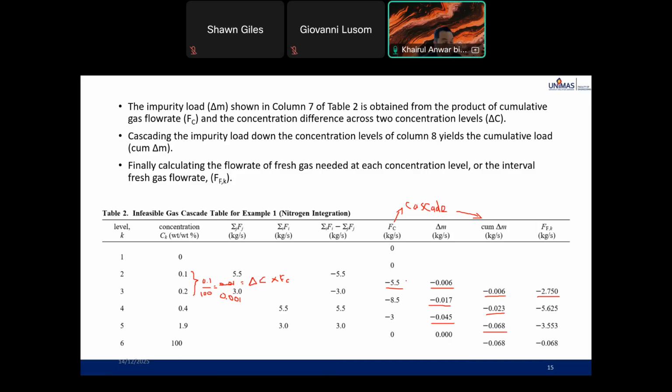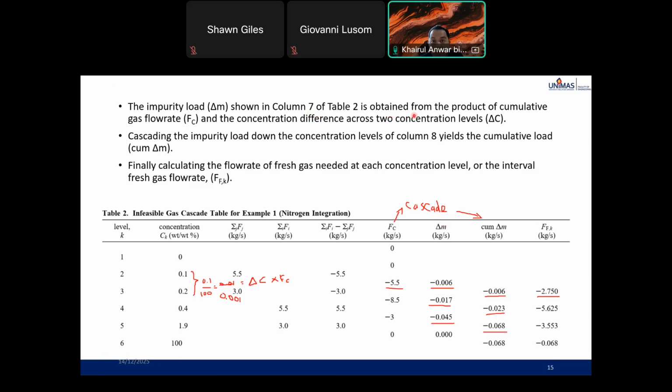Delta P. So please check it. The impurity load delta M is in column 7.